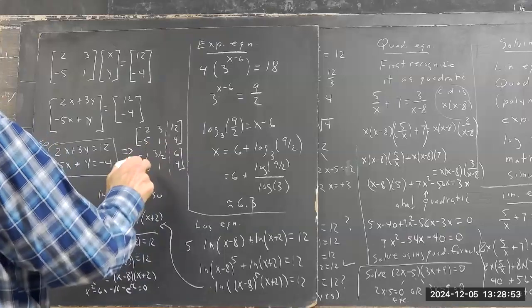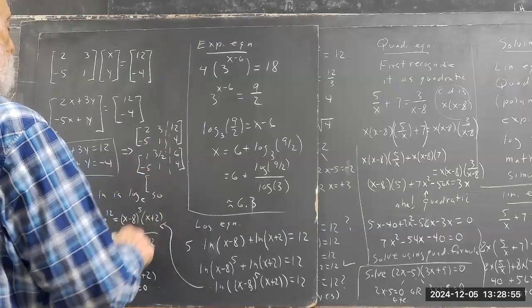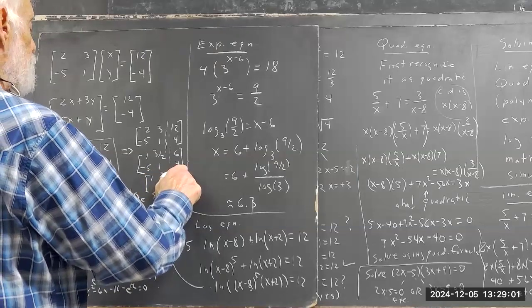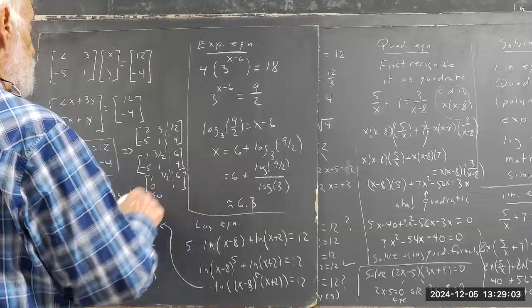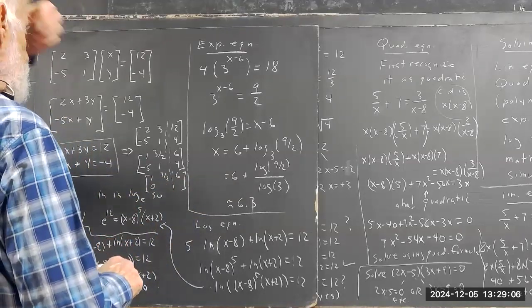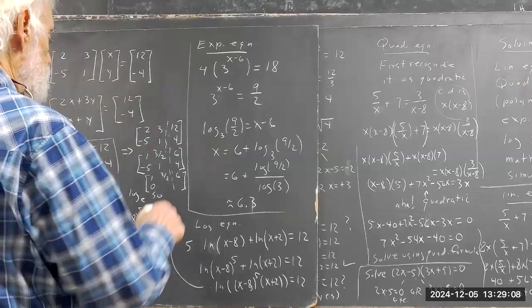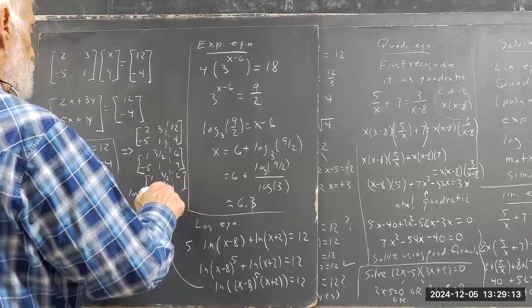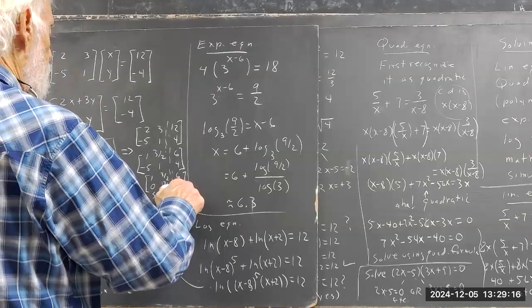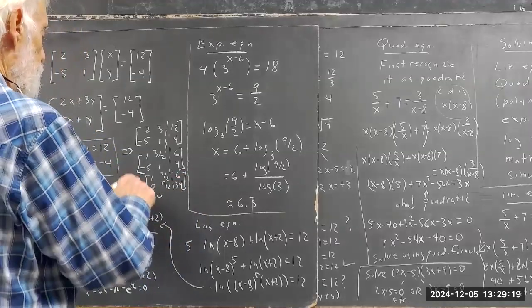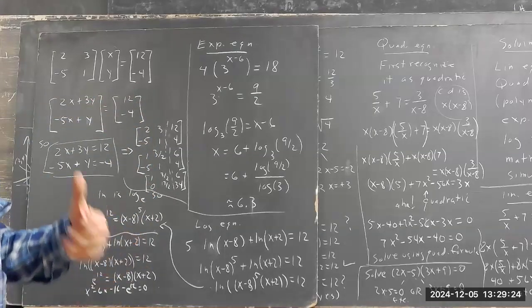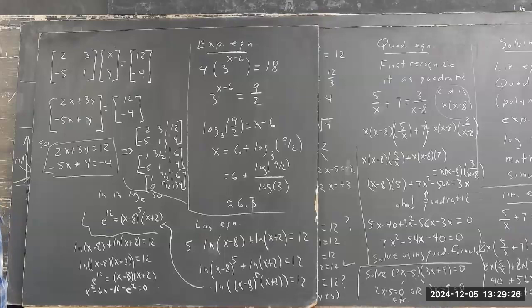Then you do 5 times the first row added to the second, and you get 1, 3 halves, 6, and 0, and 5 times 3 halves is 15 halves, plus 1 is 17 halves, and 34, I think. I'm not going to continue with this process, but it's a process everybody was really good at when we did it, so just make sure you're still really good at it.